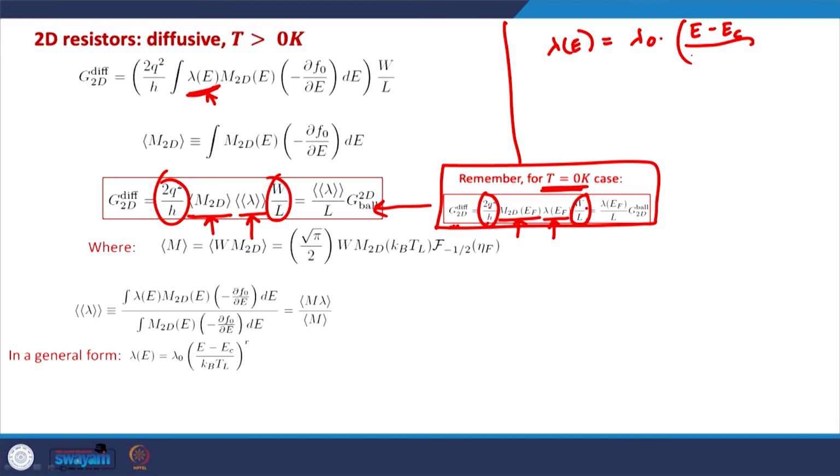This is dependent on the electron energy above the bottom of the conduction band, and there is an exponent r in this equation. There is a constant lambda naught, which is not constant per se; it is independent of energy, but it depends on the temperature.